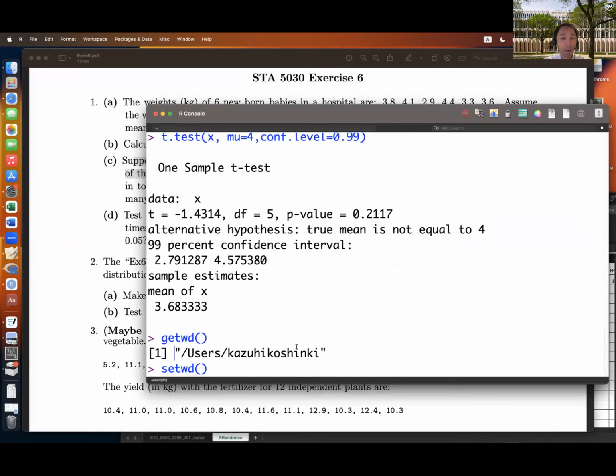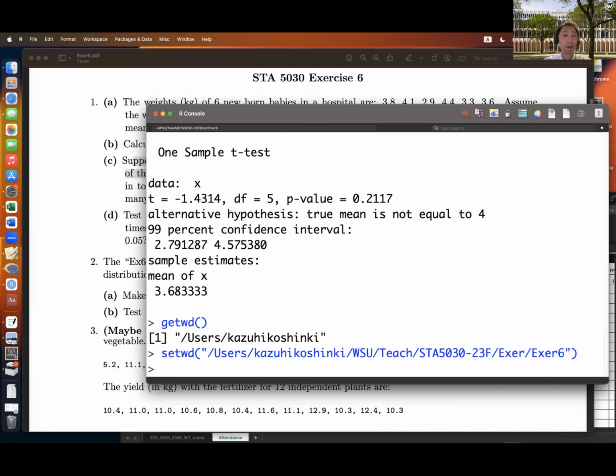So this is my default working directory. So we put this path, the teach, and in this way, exercise 6.